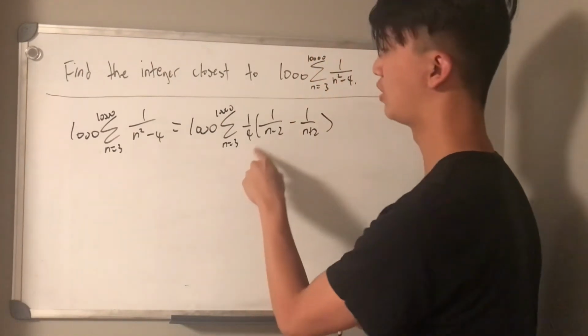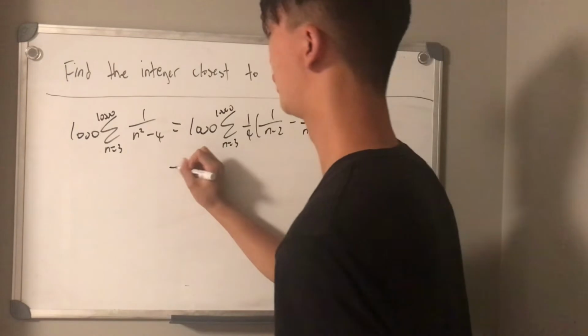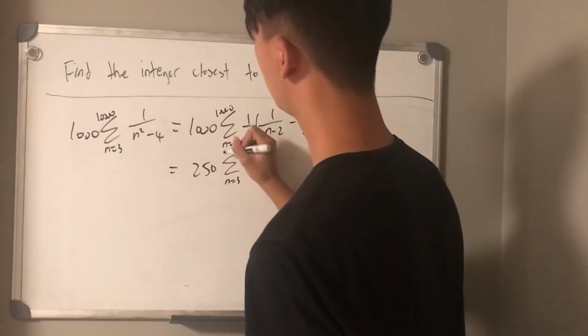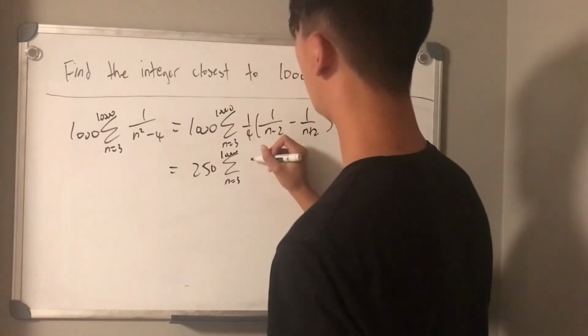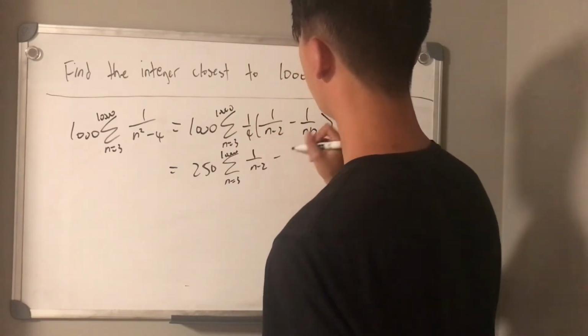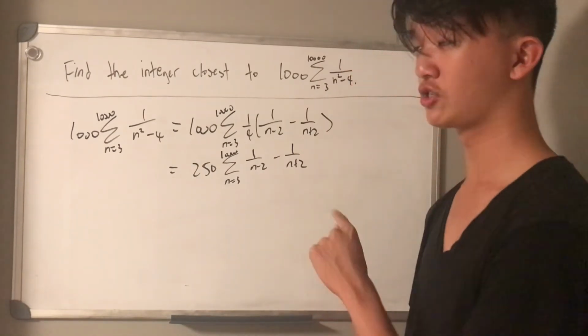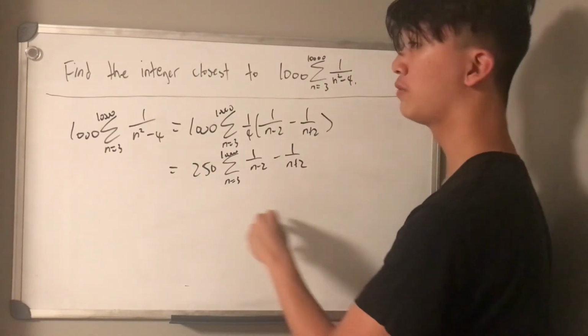Now we can factor out 1 over 4 and move it over here. This is equal to 250 times the same sum from n equals 3 to 10,000 of 1 over n minus 2 minus 1 over n plus 2. Now, this is called a telescoping series where the terms cancel each other out.